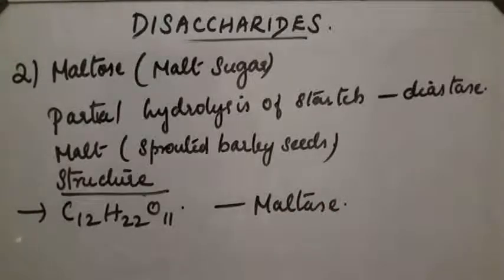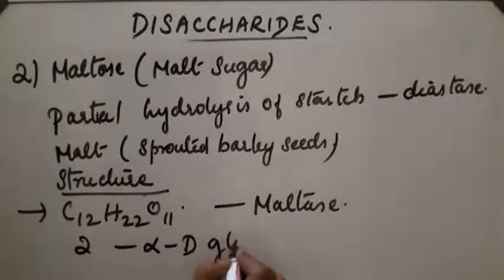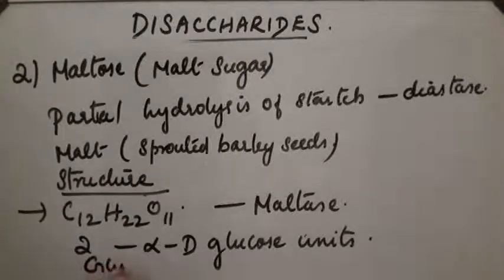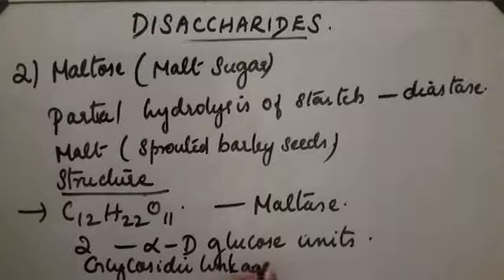Maltose is made up of two alpha D glucose units. It contains a glycosidic linkage between C1 of one unit and C4 of the other glucose unit.